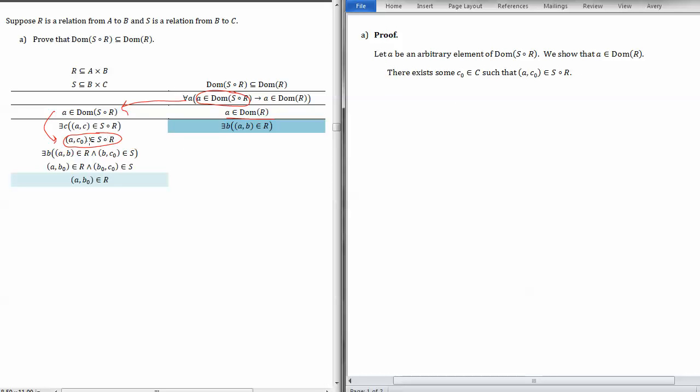Okay, and then the fact that it's in the composition gave us this as the definition, and then existential instantiation got us down here. Right. So we can say it follows from this being in the composition that there exists some B naught in B such that (A, B naught) is in R and (B naught, C naught) is in S. Oh, forgot a parenthesis.